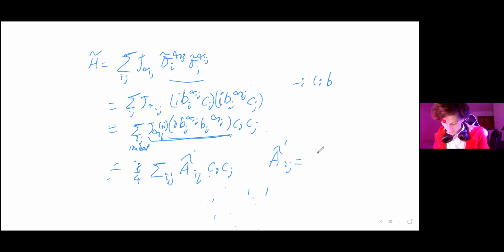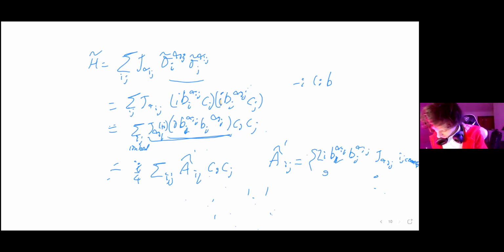But A hat_ij is defined as i, b_i^α_ij b_j^α_ij times J^α_ij, and I'm putting an extra factor of 2 in there to explain why we're dividing by 4 here, for i and j connected. And it's 0 otherwise.